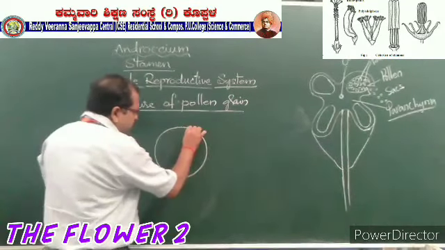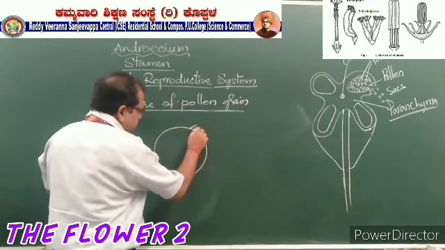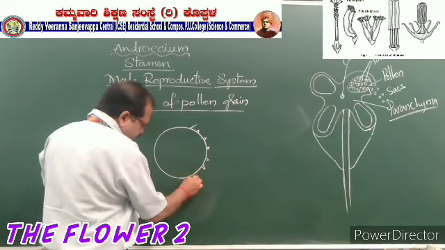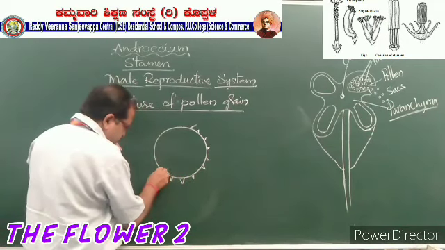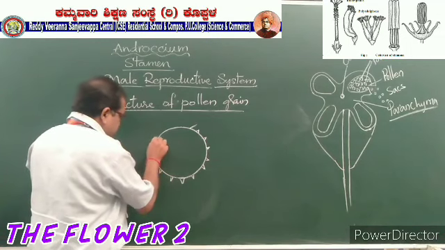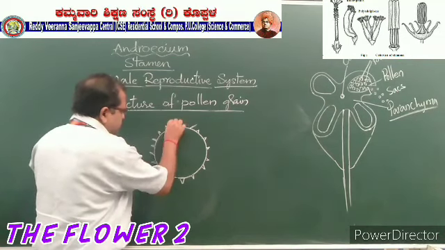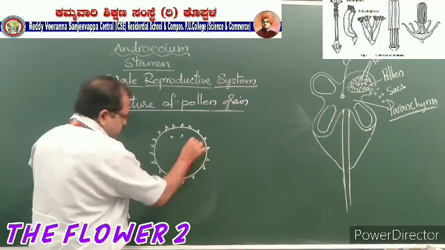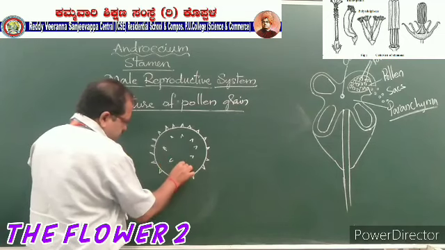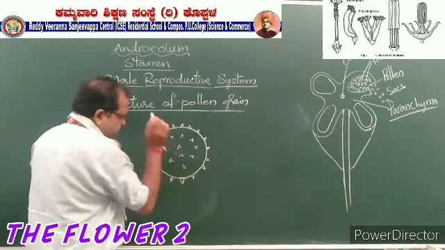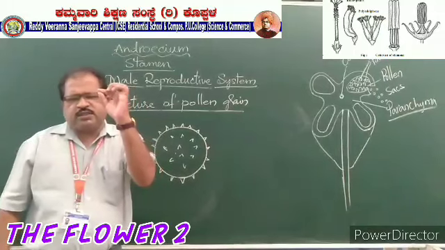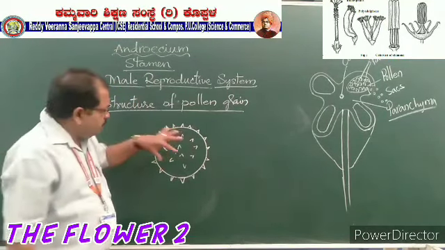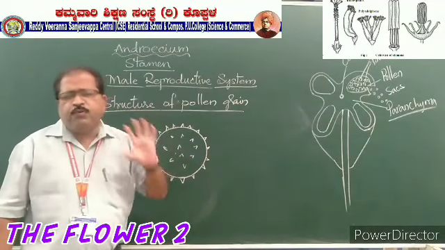Small spicules, or spike-like structures, are present around it, though only in a few pollen grains, not all.